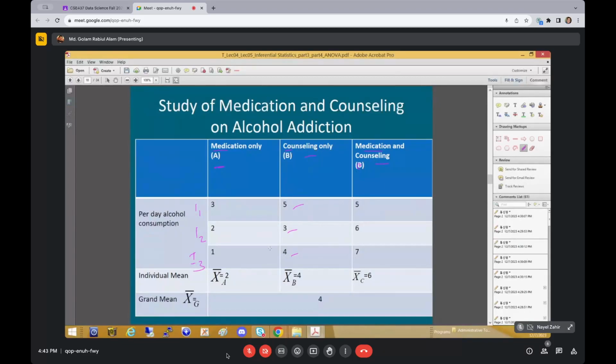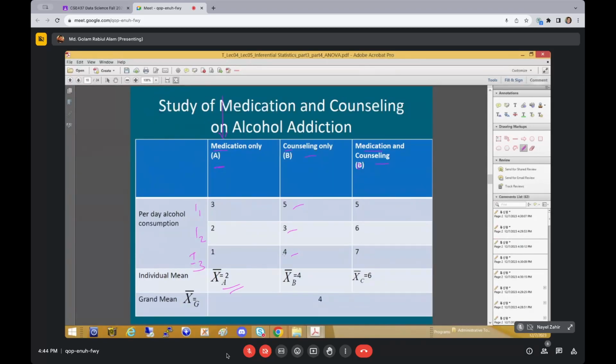So now we have to find out the individual mean. Here you can see for the medication only case, consumption is 3, 2, and 1. So 3 plus 2 plus 1, that means 6 by 3. So this is the mean, 6 by 3.